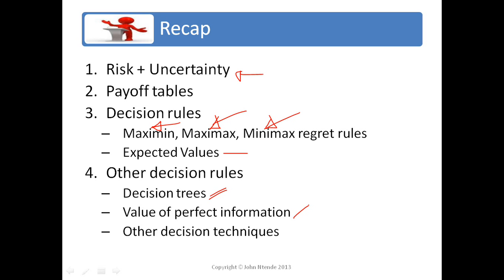And we defined perfect information as being 100% accurate. Then we looked at other decision techniques. We looked at sensitivity analysis, where we defined sensitivity as the percentage change in a variable which will change the outcome of a certain project. Then we looked at simulation, where we're assigning random numbers to variables and using computer models to evaluate key projects.